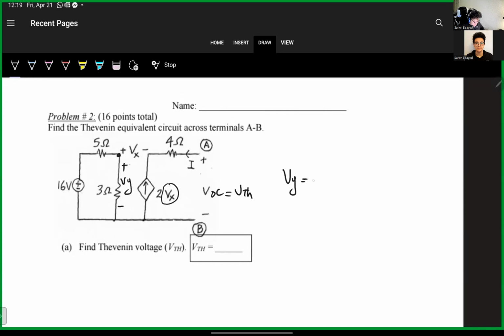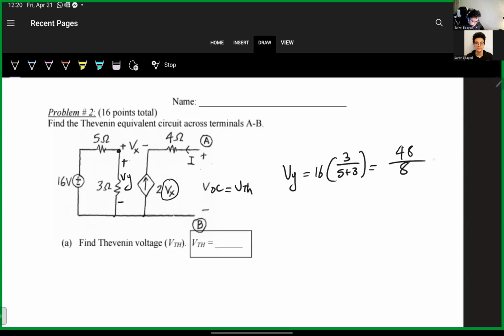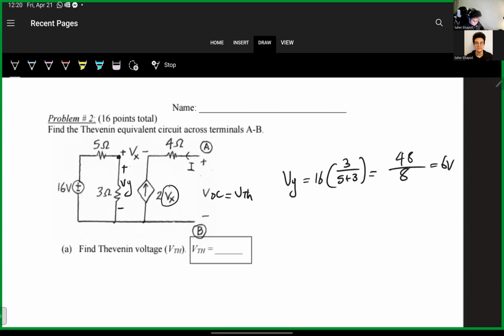So Vy is going to be 16 times 3 divided by the sum of the two resistors, 5 plus 3. You end up with 16 times 3, which is 48, divided by 8, which is 6 volts. So we found the voltage here at 6 volts.